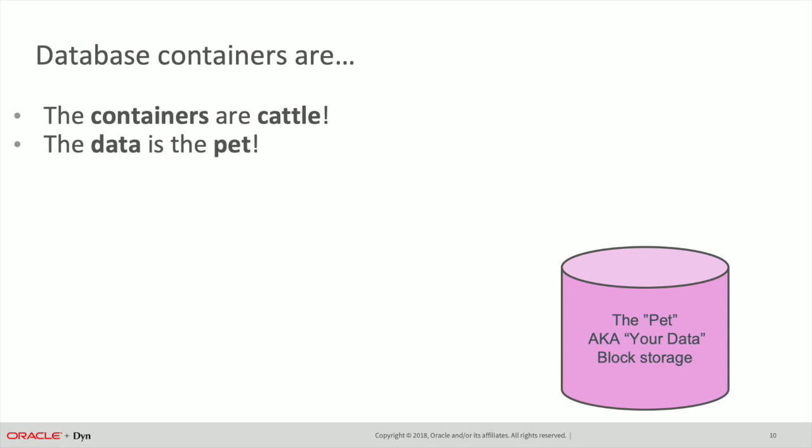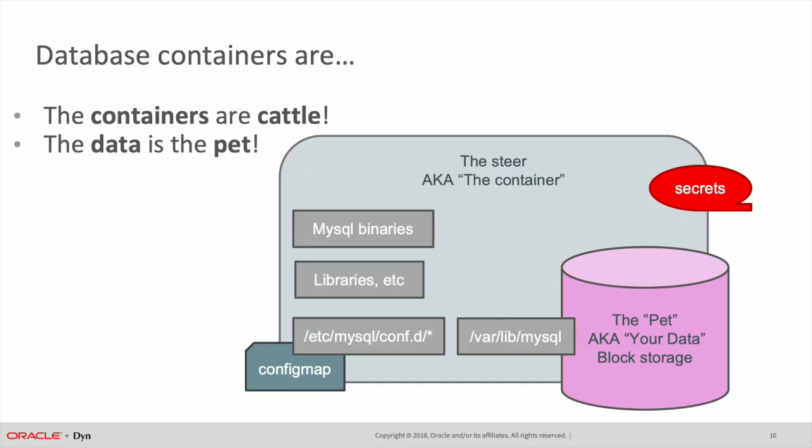So here's a graphic where I talk about the pet. This is the data. And then, say for instance, we're using Kubernetes. We have secrets and config map. These are persistent type things. They're not the actual data, but they're important bits of data that the database needs. Config map is where you would store your configuration for the database. And then you have the container come up.